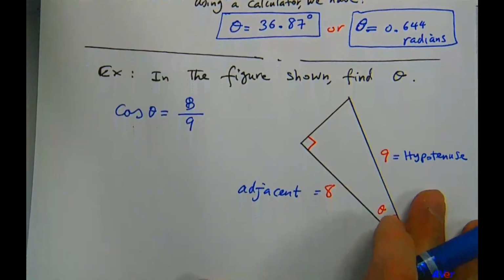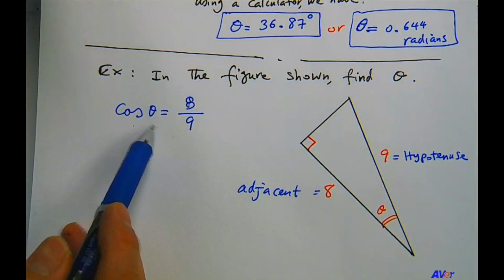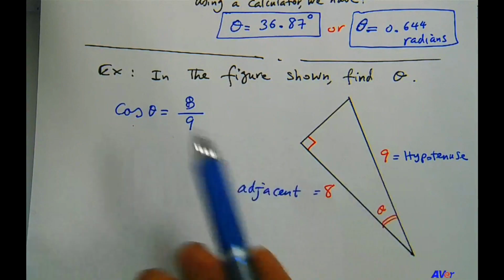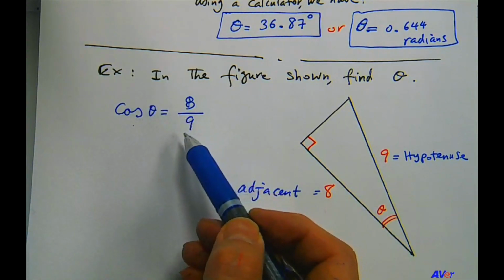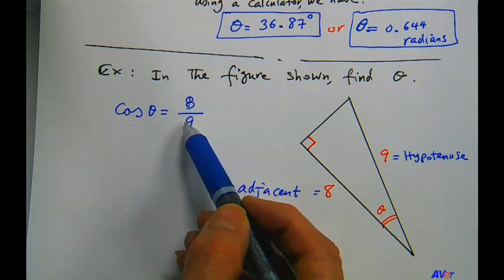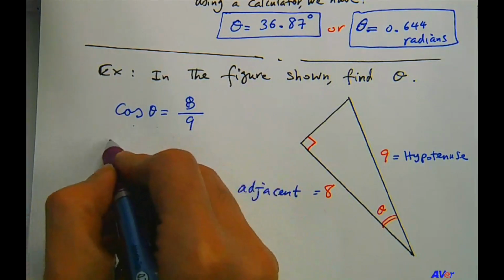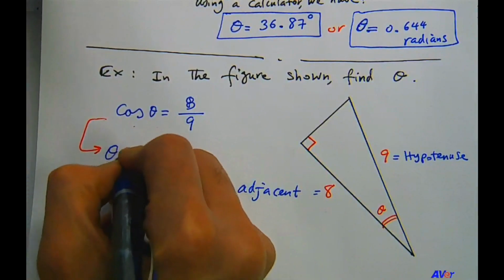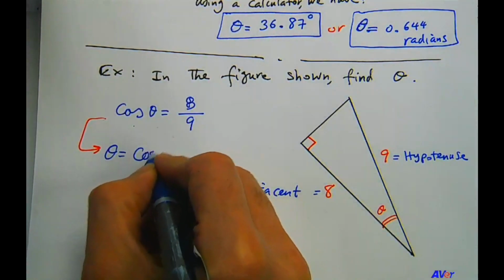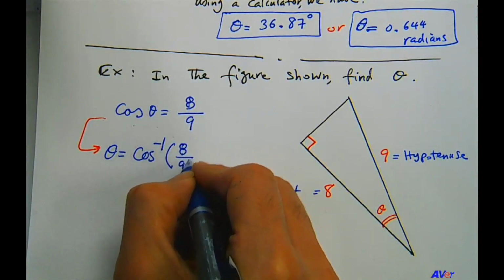So we want to find the angle. So this isn't going to help us. But guess what? We can use this to find the inverse cosine of the information we have, and we're going to find the angle we're looking for, right? So theta, based on this, we have theta equals inverse cosine of this ratio.